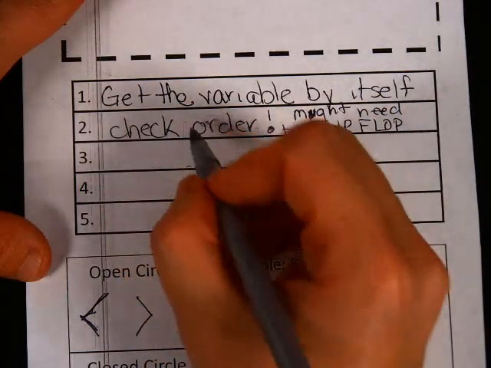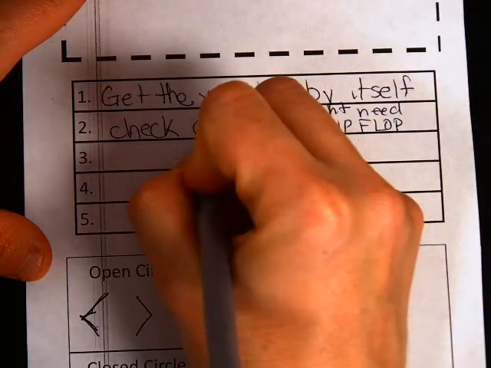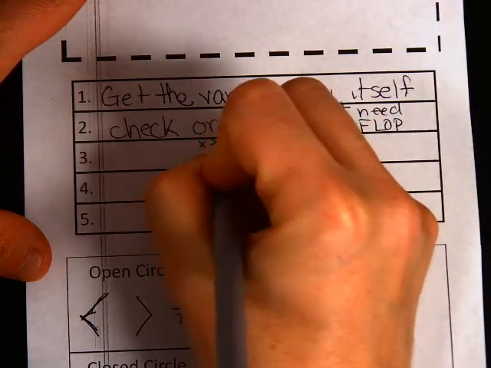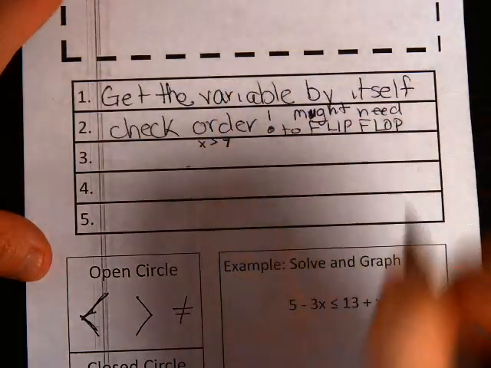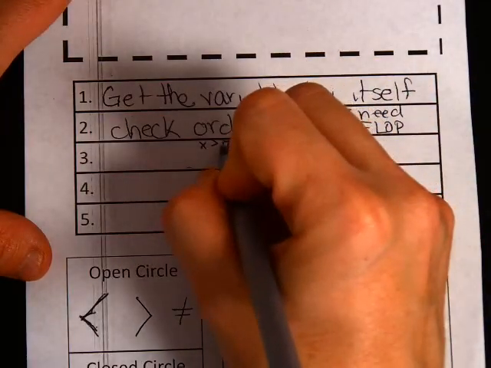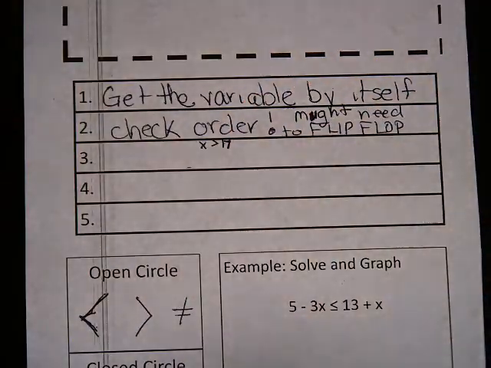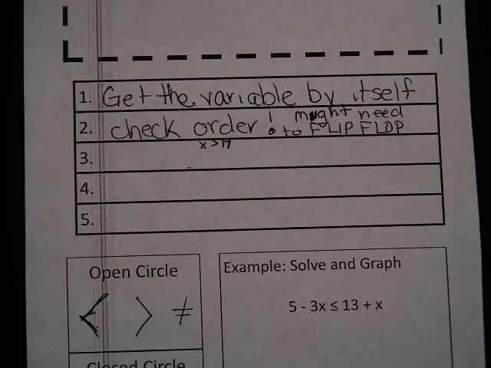What is the order that we wanted? I'm kind of running out of room, but we want variable, inequality sign, number, right? That's the order that we want it. We want it variable, inequality sign, number. Okay?